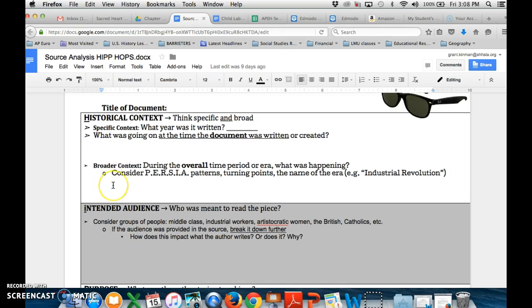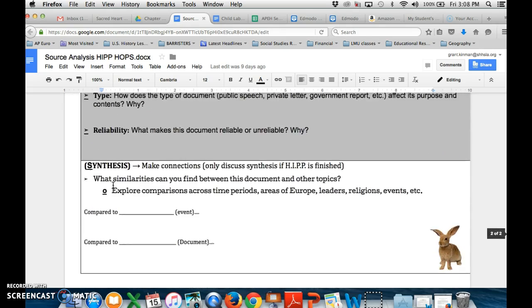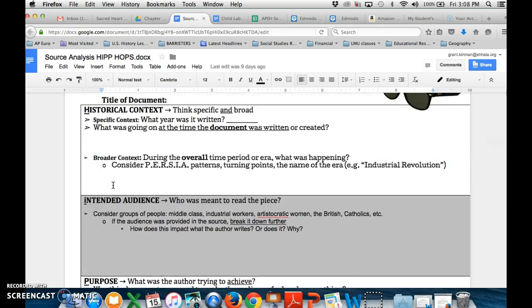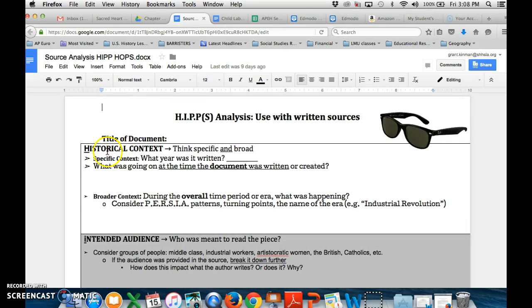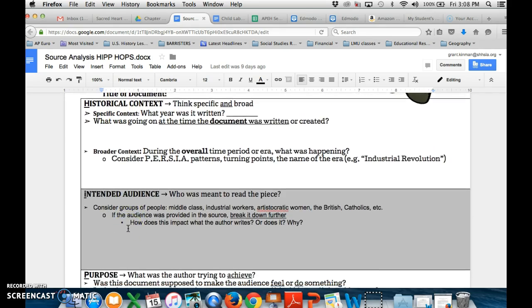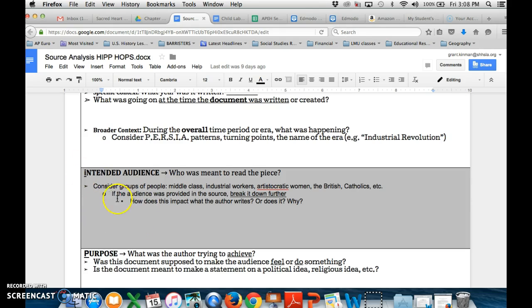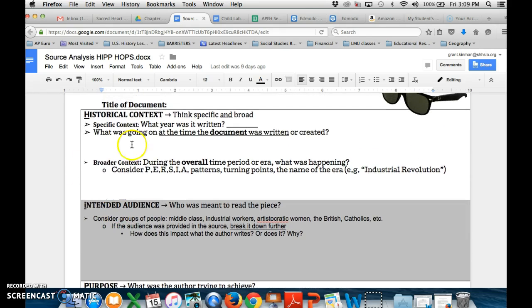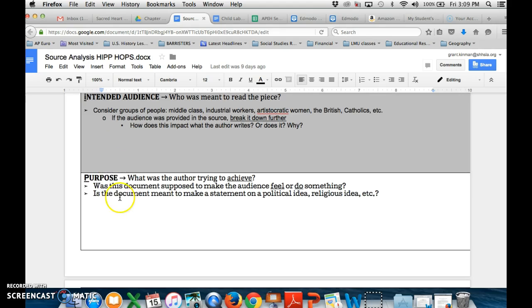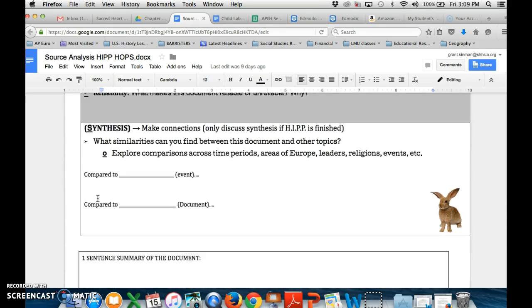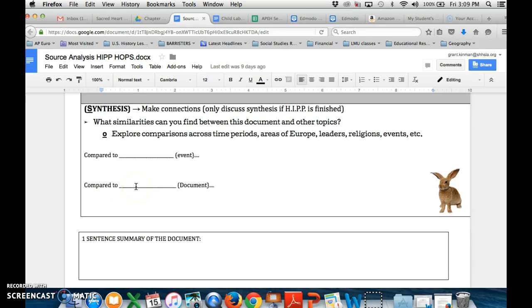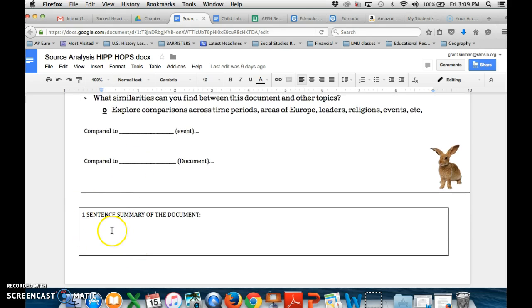So we use this HIPS. Listen closely. You're just going to do the H, the historical context for both documents. The I. Nope, don't even do the I. You're going to do the H, the P, the purpose, and then you're going to jump to this, one sentence summary.